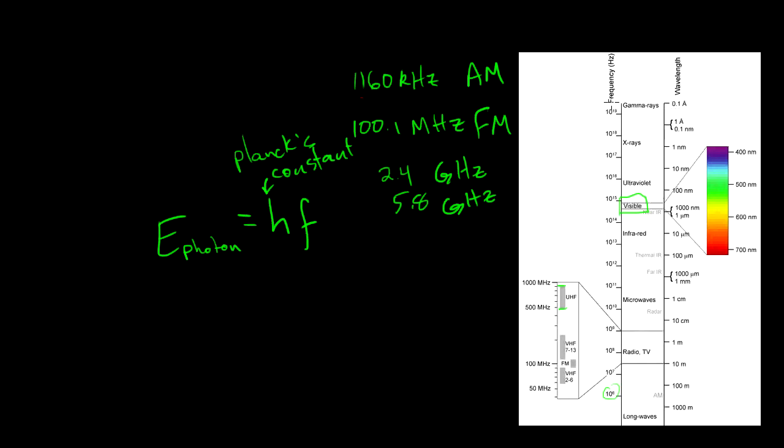And then gamma rays, which are extremely high energy photons. We'll learn about them when we talk about nuclear physics. Nuclear reactions tend to have much higher energies than chemical reactions, something like 6 orders of magnitude more energy.